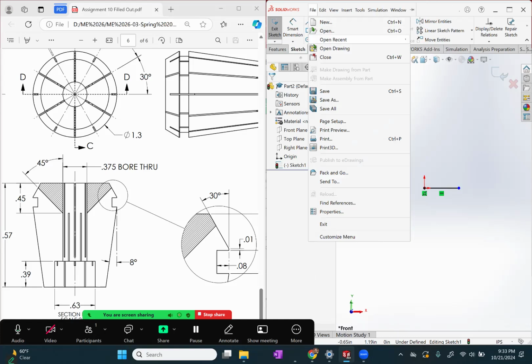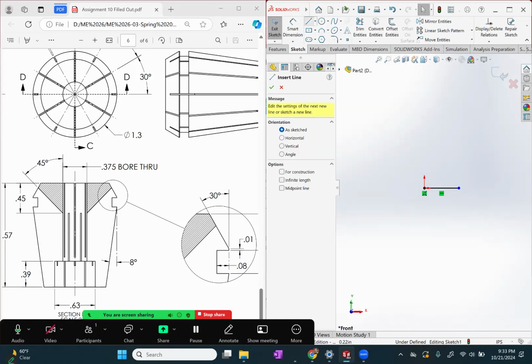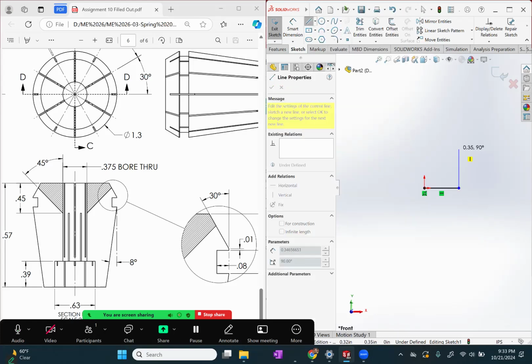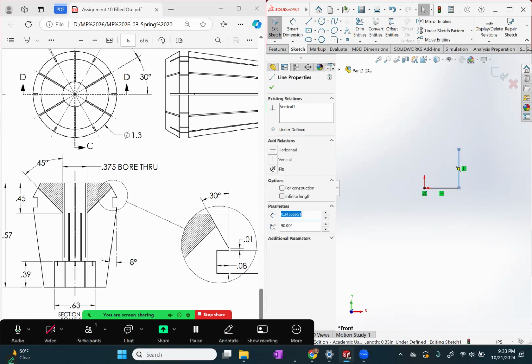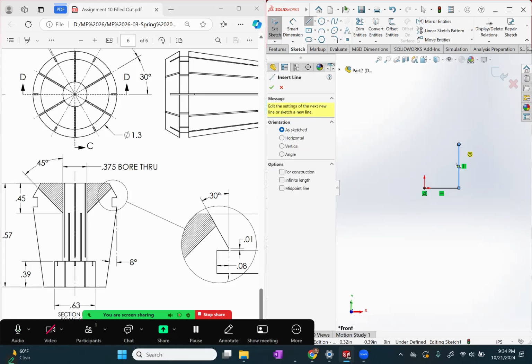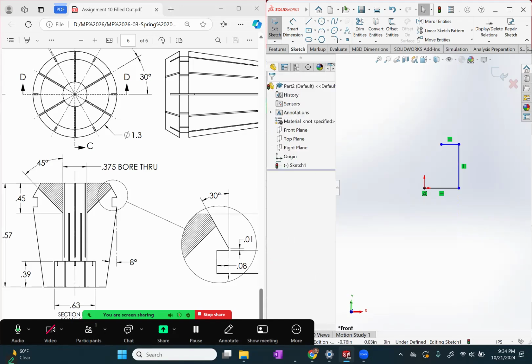So let's make a line. Nope, it's not what I want to do. I want to make a line. I know it's going to be a vertical line, and the distance for that line is going to be 0.39. Now I need to move this distance back inward. So I'll make a line, and let's do some math for that distance.